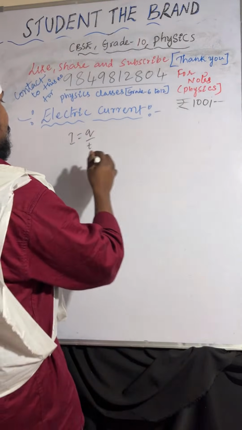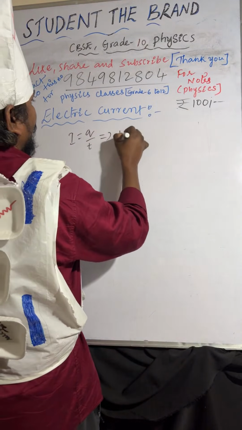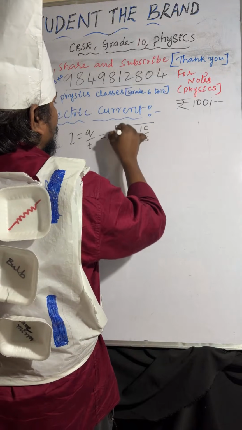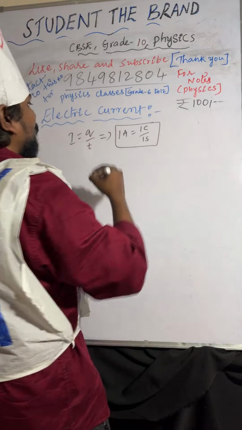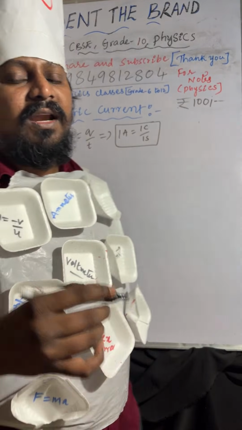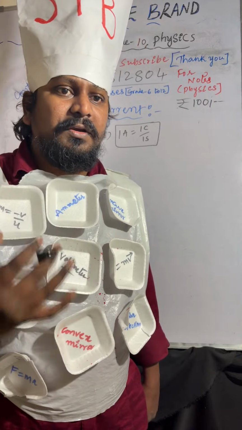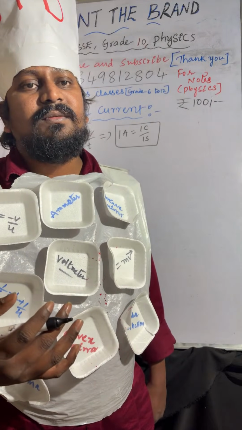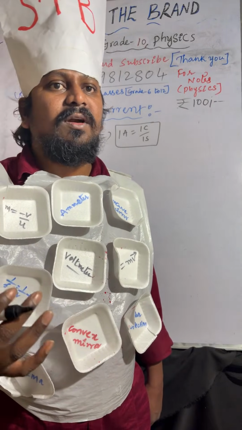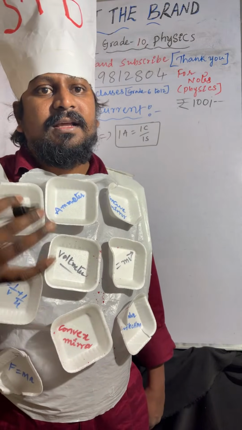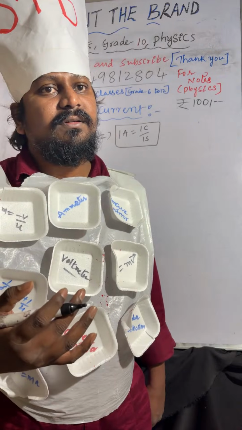So 1 ampere is defined as 1 coulomb of charge flowing through a unit cross-section area per second. That is called electric current. I equal to Q by T, right?